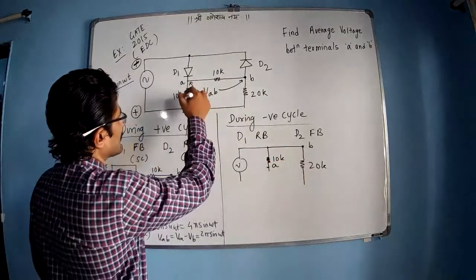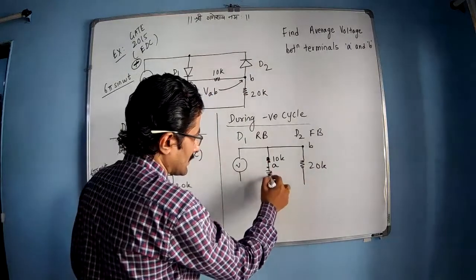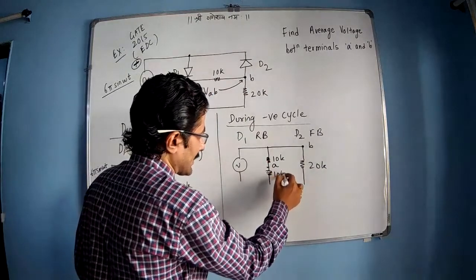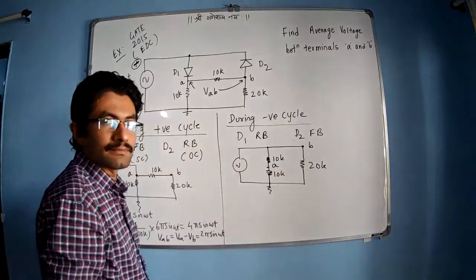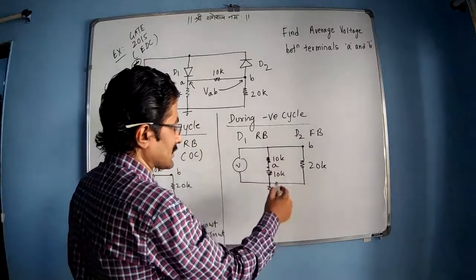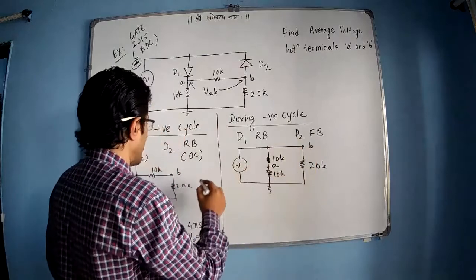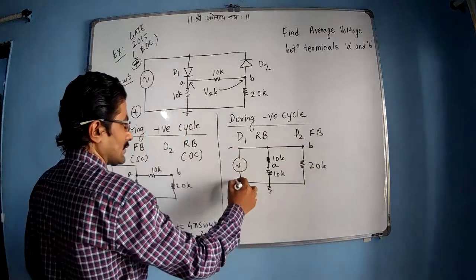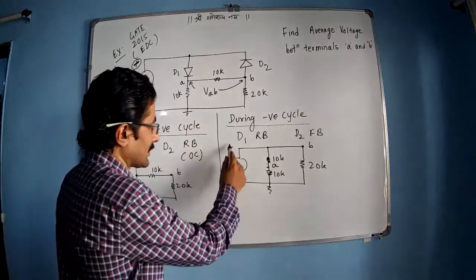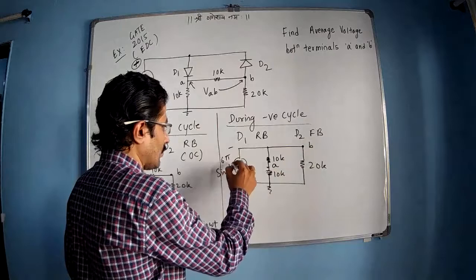And the second resistor, which is 10k, will go to ground. So your circuit will look like this. This is terminal A, this is terminal B, and the three resistors. In this case, your input signal will be negative, positive 6π sin ωt.